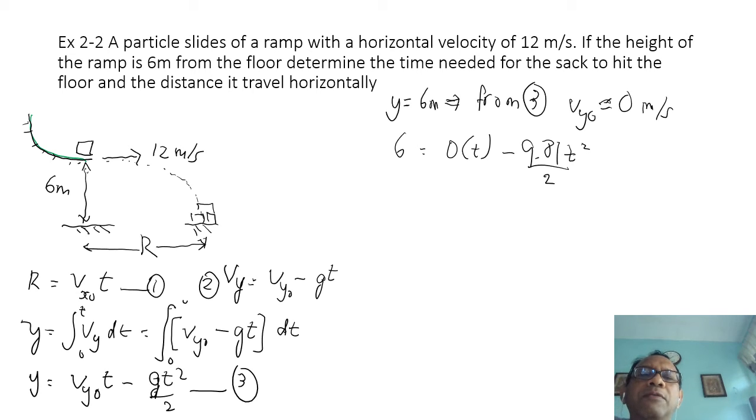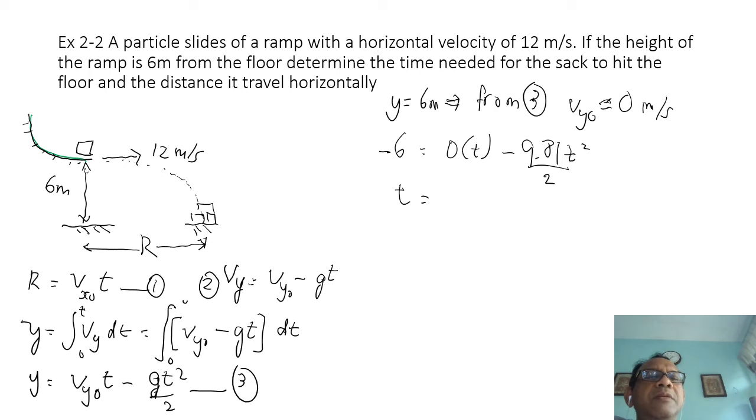So you will have t equals... y equals minus 6. Why is it y equals minus 6?